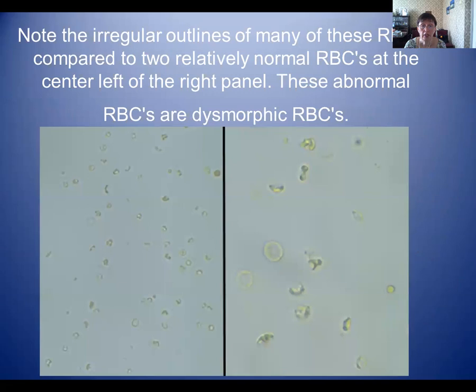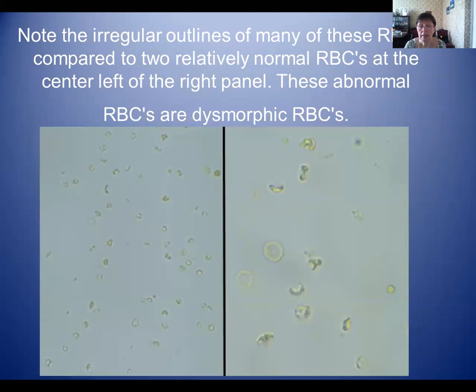Well, and here you can see the red blood cells in urine, but here you see that red blood cells are not changed, but here you see a lot of dysmorphic or destroyed red blood cells in urine. If you find these dysmorphic red blood cells, it is the sign of affection of the kidney, not ureter, not bladder, but kidney.